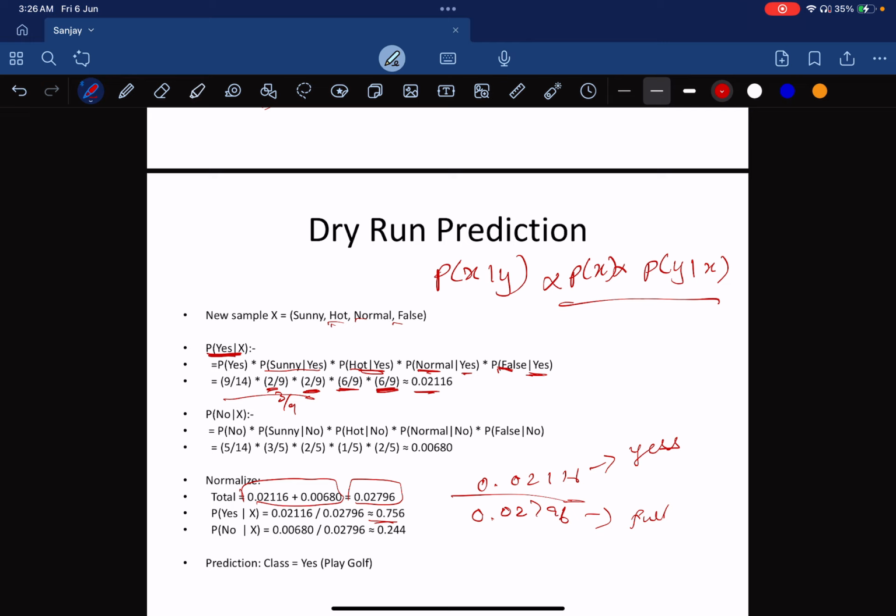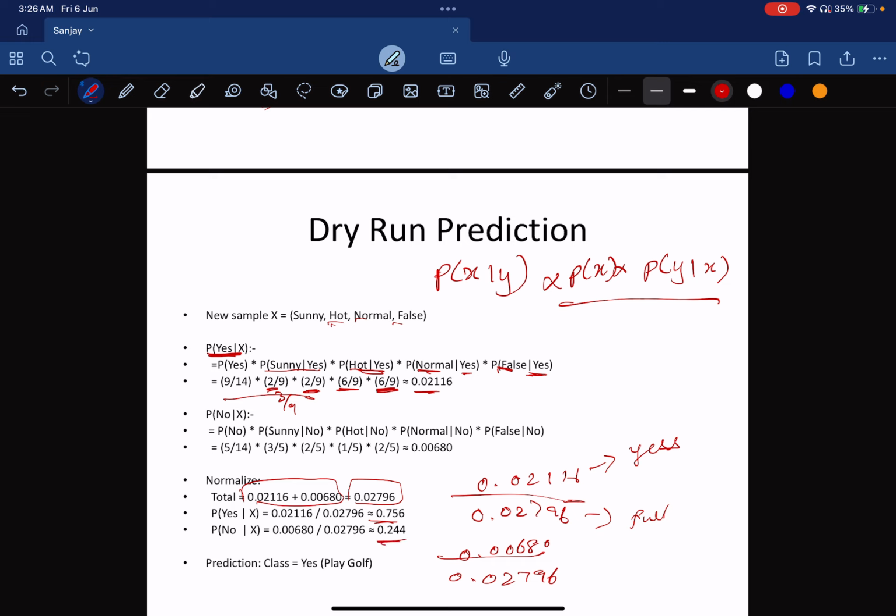Similarly, we do it for the No class. Its value is 0.00680, which gives the ratio 0.244.